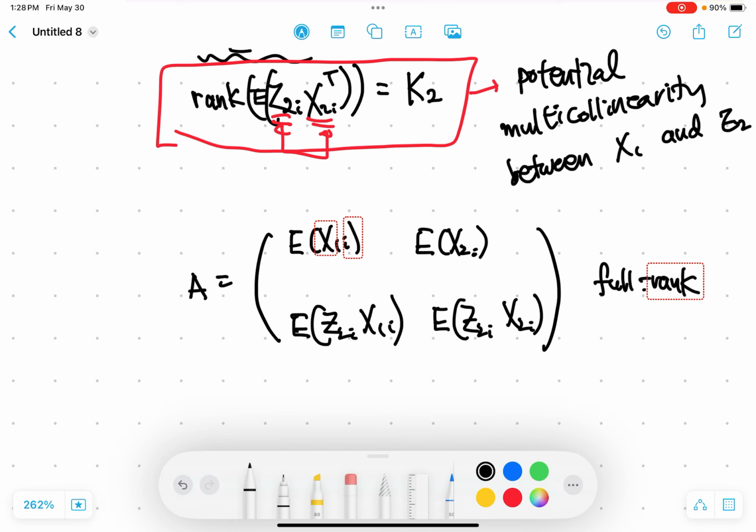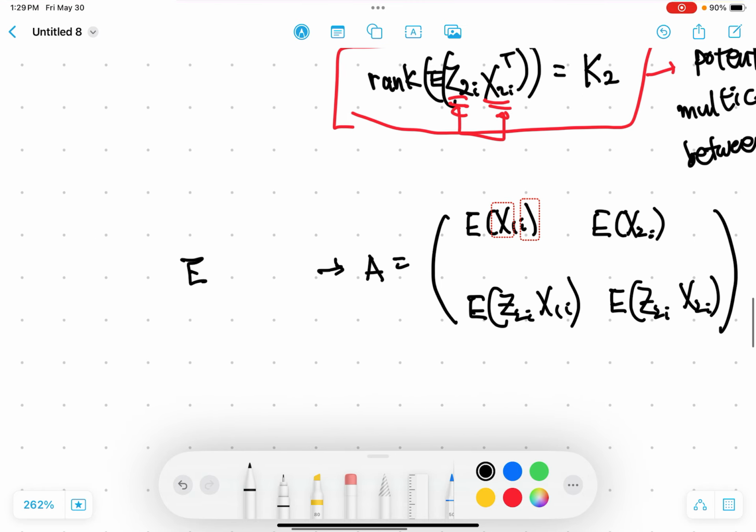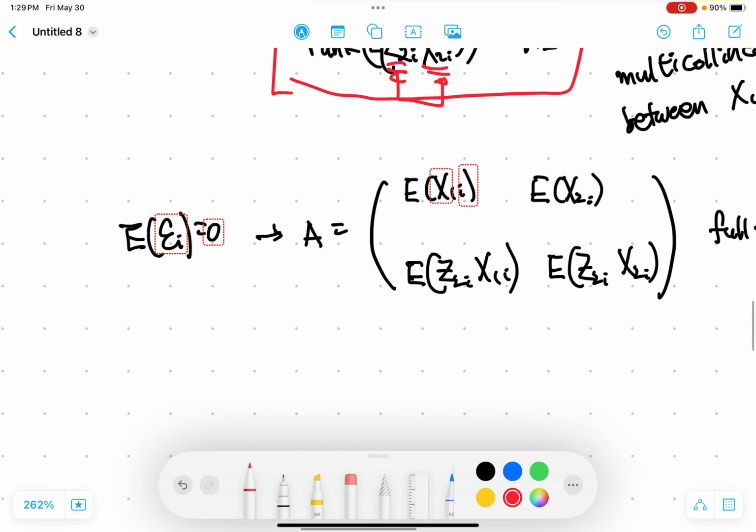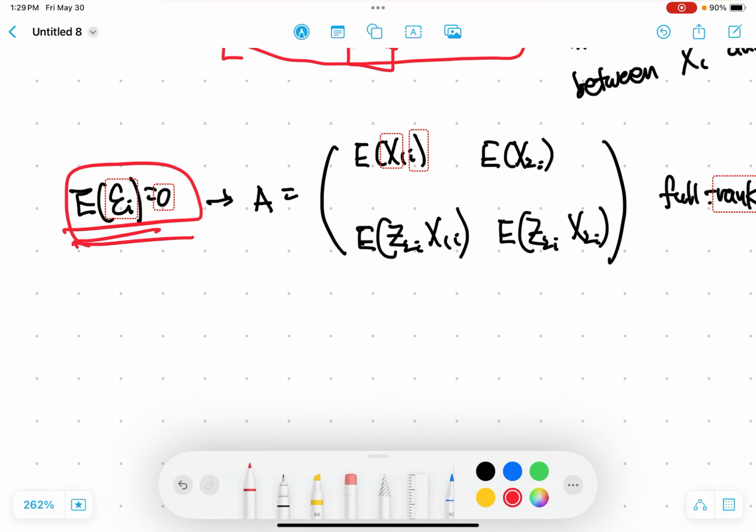Here, frankly, I cannot understand. Maybe it is coming from the assumption that epsilon has mean 0. Then I understand what this guy wanted to say, but it is not right because we did not make this assumption at all. That is the problem. But if we had this assumption, that is right.